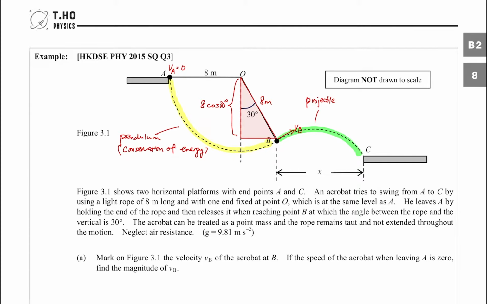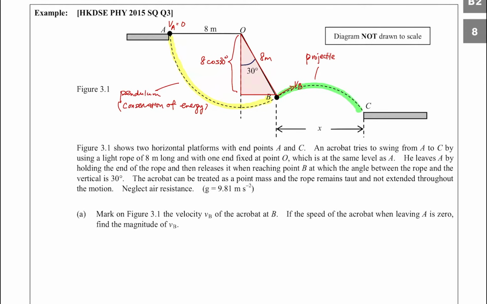We would like to find the speed of the acrobat at B by using conservation of energy.